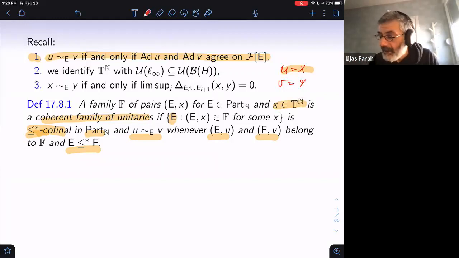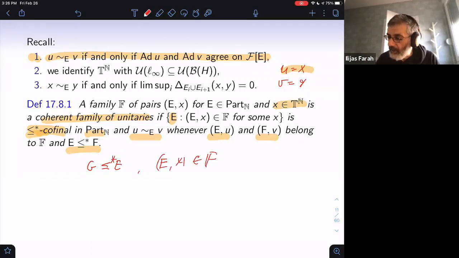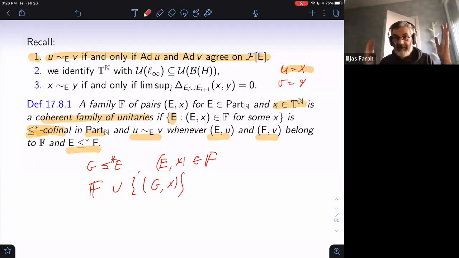You see, if you have some G, which is perhaps not the first coordinate of anything in F, then you can find E such that G is less than or equal star to E, and EX belongs to F, and you can just add GX to F. Right, because it is X that is inducing this automorphism on F. So I might have, instead of cofinal, just said it is all of E, but it is just important to some extent for us to deal with cofinal, and it makes no difference. Any other questions?